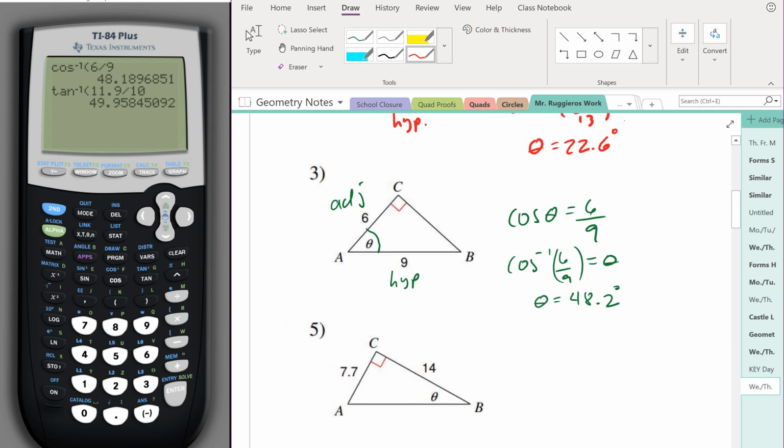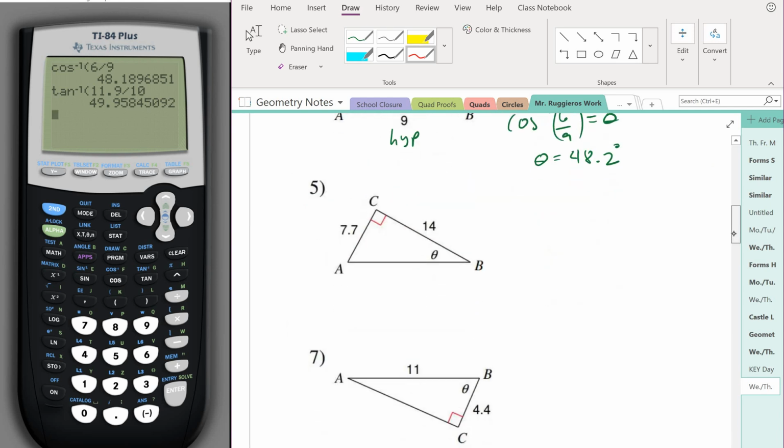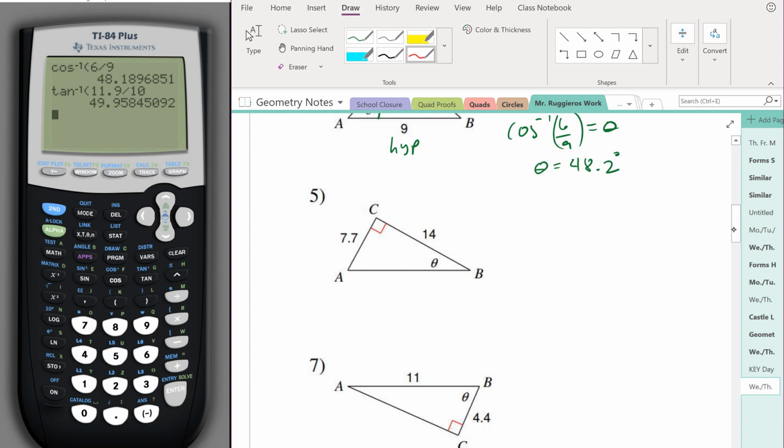Okay, let's look at number 5. From the perspective of theta, the 7.7 is the opposite, and the 14 is the adjacent. AB is the hypotenuse, which we're not going to use. So we have another tangent.